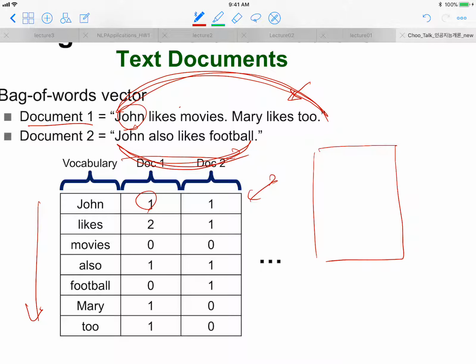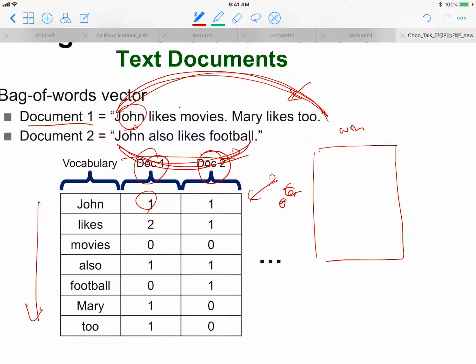So we can think about this window as our document, and it can be viewed as a term by window matrix. Here we have two windows corresponding to our documents, and this is how we construct our term document matrices.